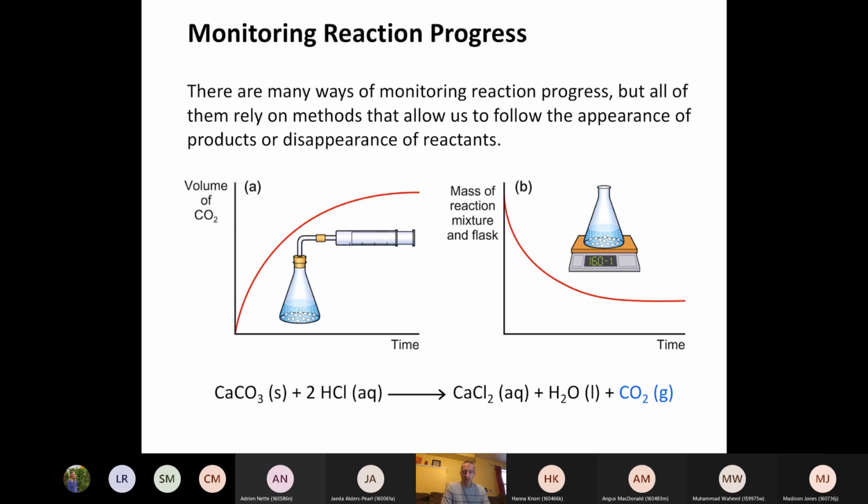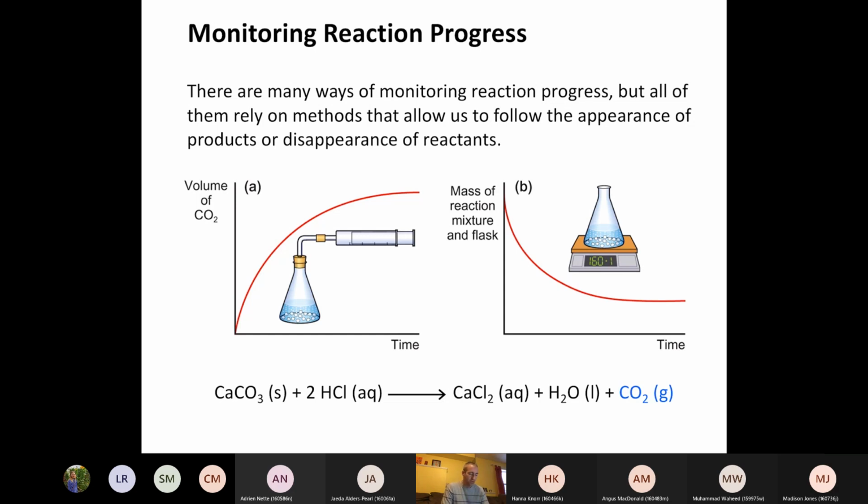Sometimes too, if you're baking a cake or brownies or something like that, that's a chemical reaction. It's called the Maillard reaction, and it's in the oven. It's actually not just one reaction, it's lots of reactions. But how would you monitor the reaction progress there? You might look in the oven periodically and see how much it's risen. Towards the end, you might stick a knife in and see if there's any batter left that's not cooked.